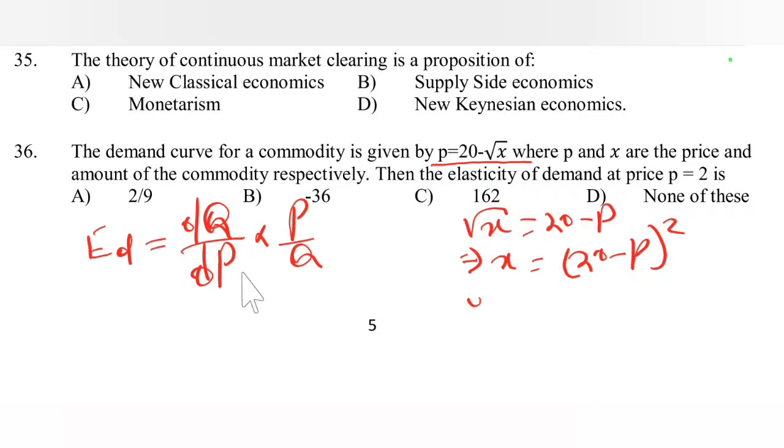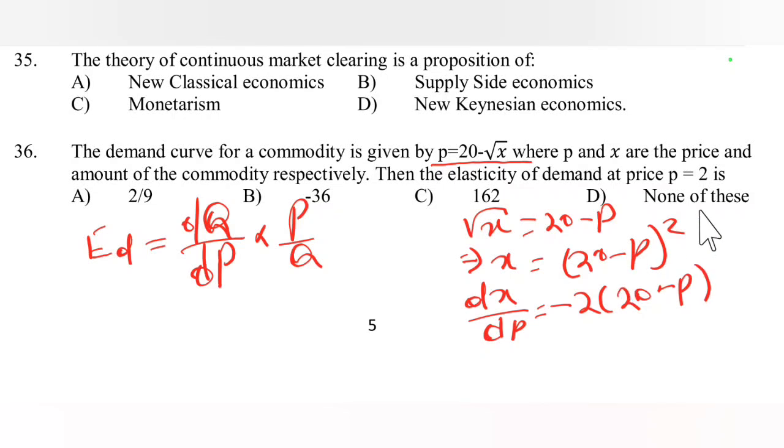So dx by dp is equal to power into base, so 2 into (20 minus p) into minus 1, so minus 2 into (20 minus p).